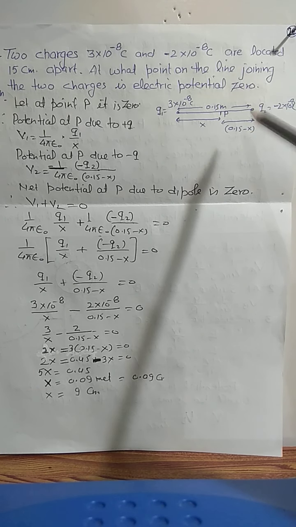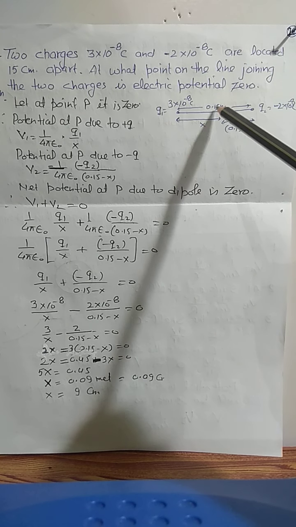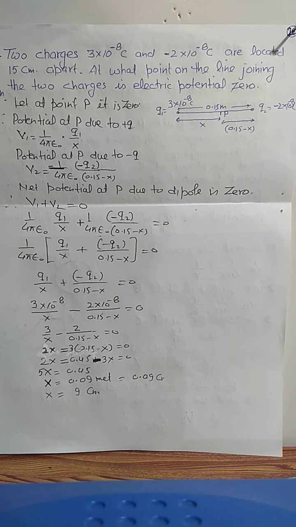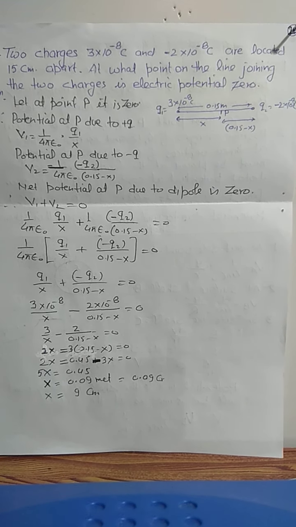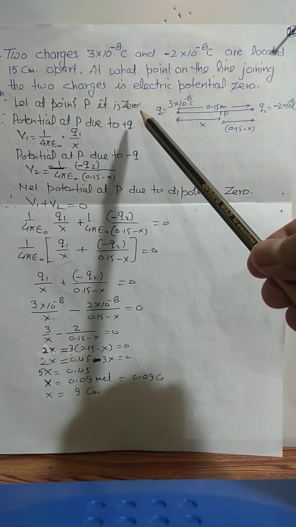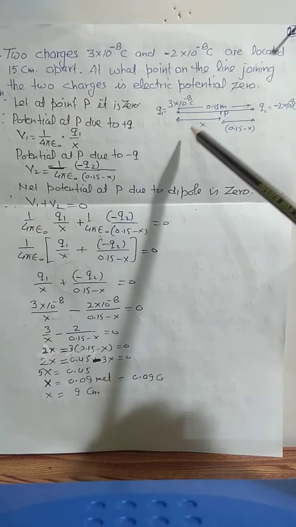Clear? So now we will find the potential at this point P due to this Q1 charge and due to this Q2 charge. These potentials will be V1 and V2. Here P is a point taken on the line. V1, the potential at P due to plus Q charge, will be 1 upon 4 pi epsilon naught Q1 upon x. This is the distance.